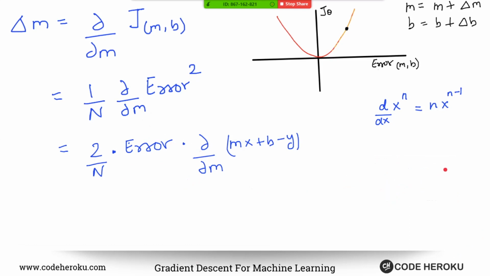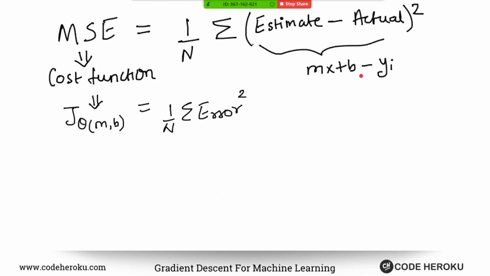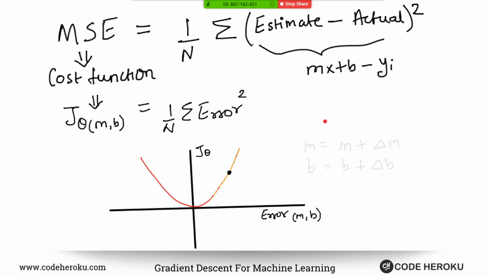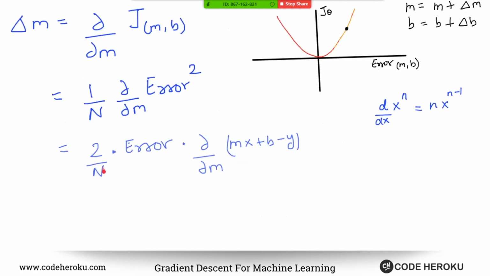So over here, the error actually depends on m and b. So we can't just get away by doing just 2x over here. So we can't just say 2 by n times error.